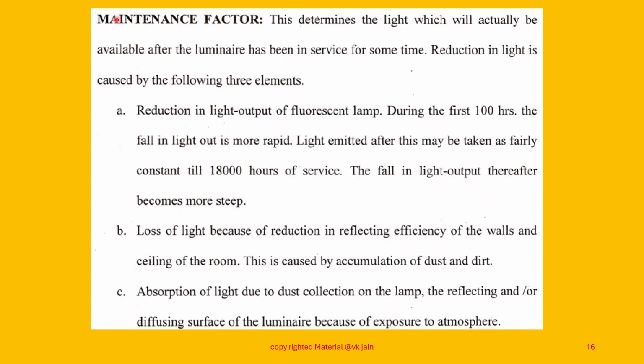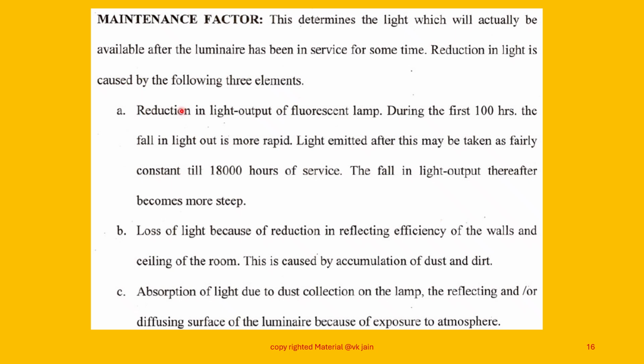Friends, now we are discussing maintenance factors. This factor determines the light which will actually be available after luminaire has been in service for some time. Reduction of light is caused by the following three elements.